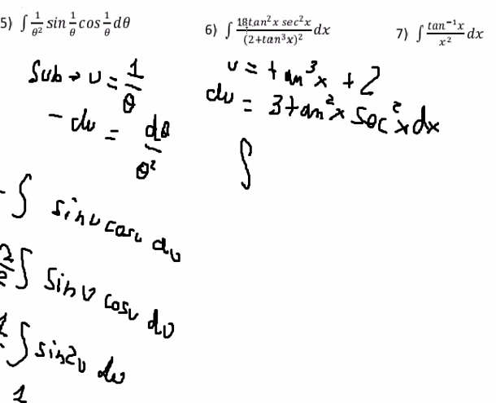So we have 18, we have 3, so you get number 6. We change for du. This one we change for u to the power of 2. So we get negative 6 over u. About u, that is this one.